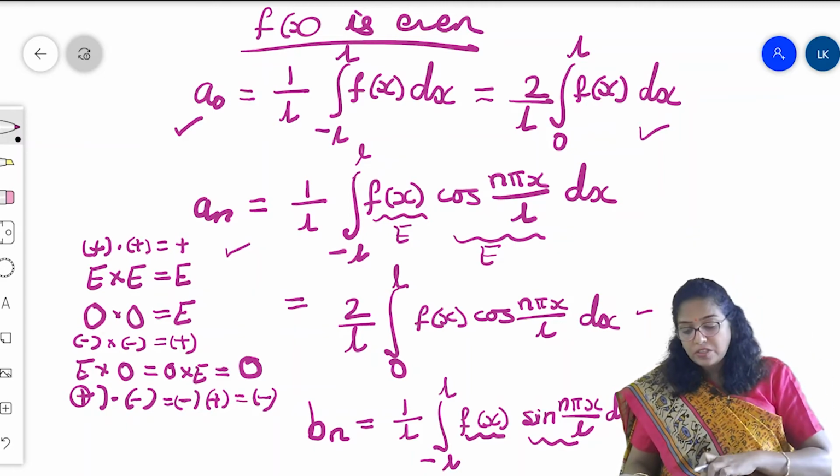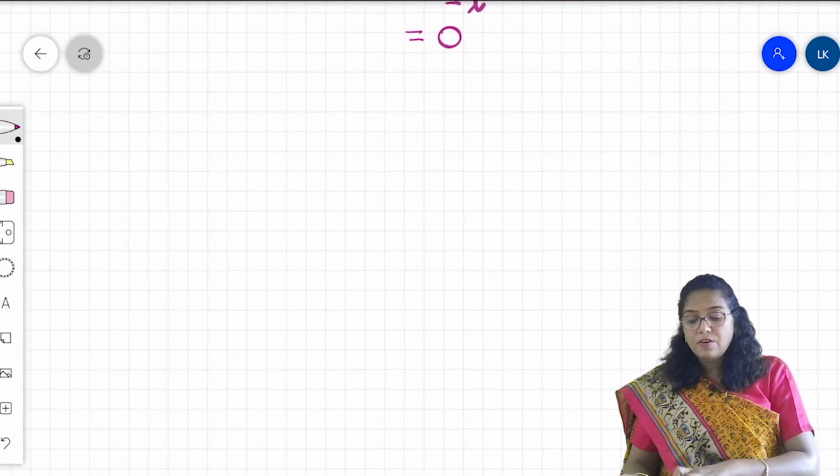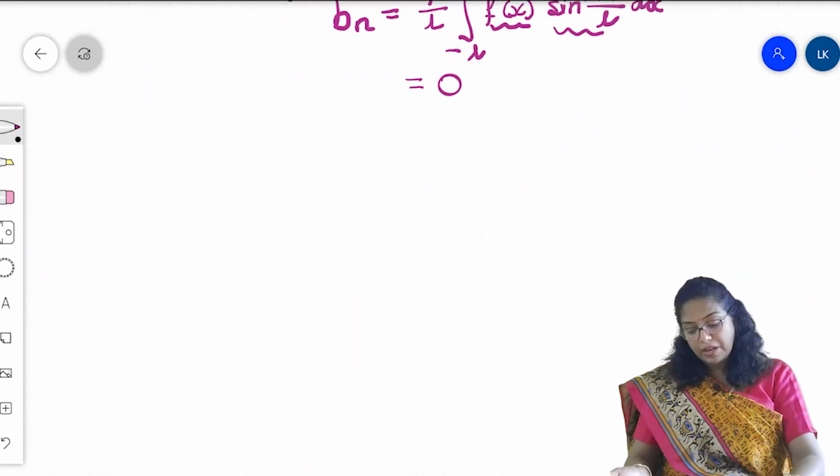Substitute all these values in the Fourier series formula.